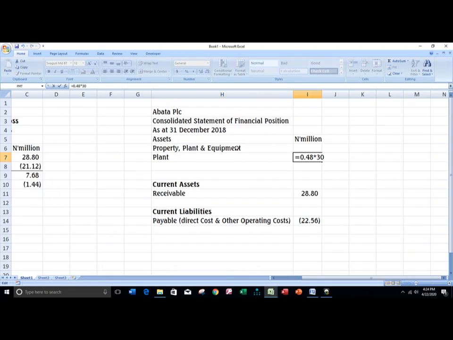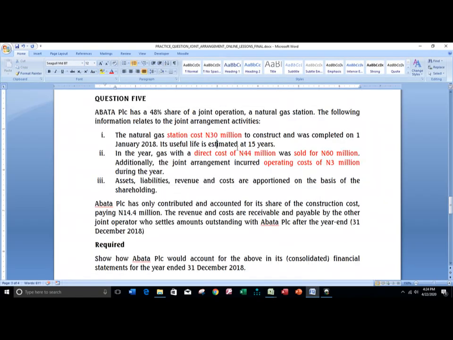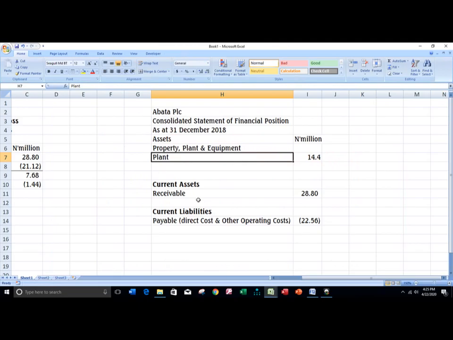But then, we have to be careful. We have only looked at the cost of the natural gas station. Don't forget the asset was used for 1 year. So we have to account for depreciation from 1st January 2018, preparing the FS as at 1st December. So we'll come here and allow for depreciation.